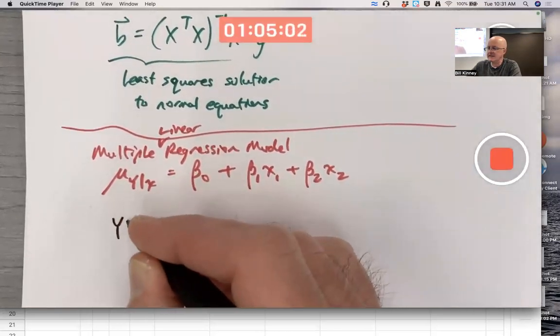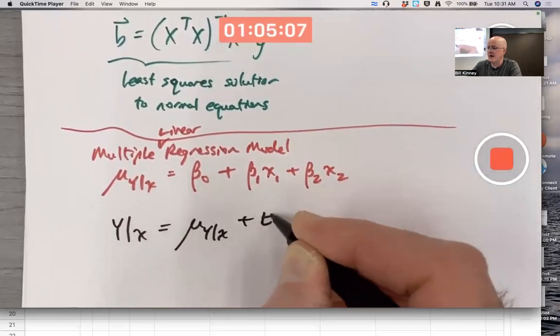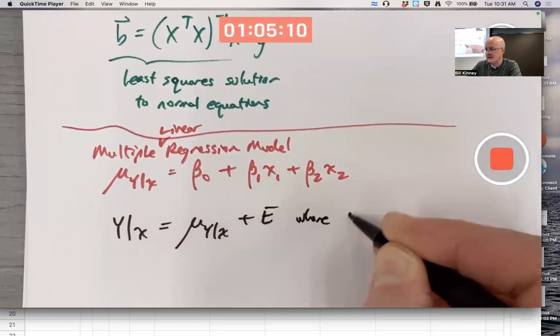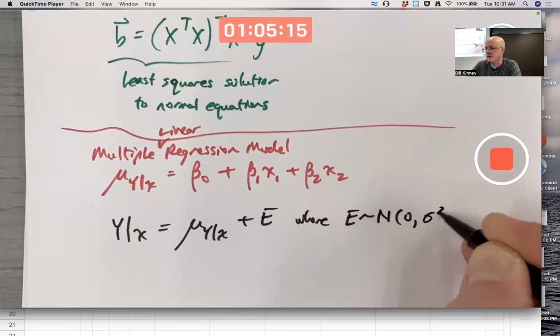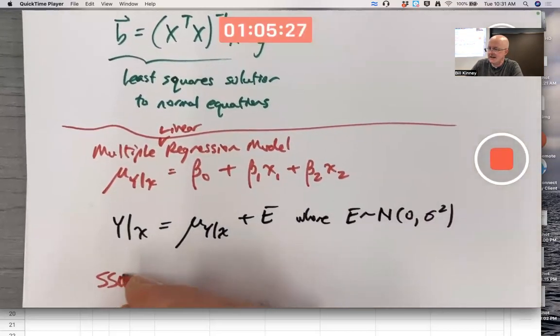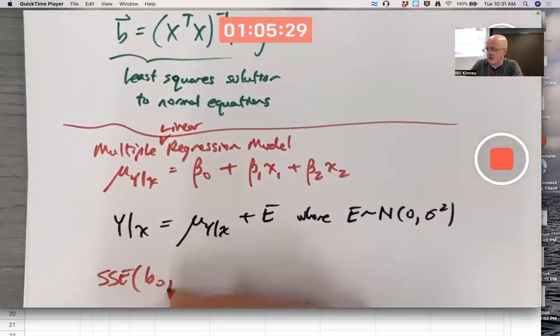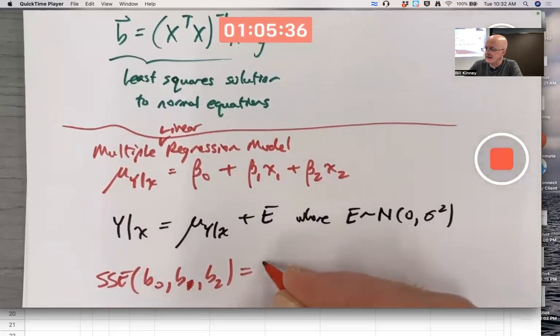Bring in probability like this, where, once again, E is assumed to be normally distributed with mean of 0 and variance of sigma squared. And once again, you can write down SSE as a function of 3 unknown parameters, or unknown quantities, that you'd want to solve for to minimize SSE.